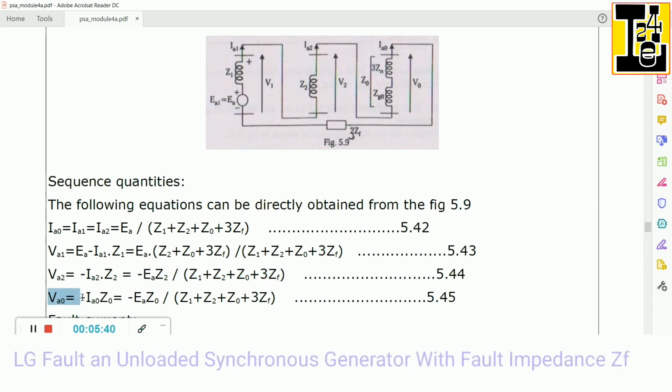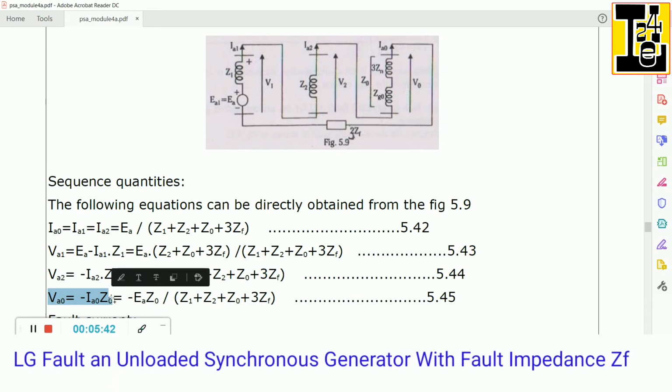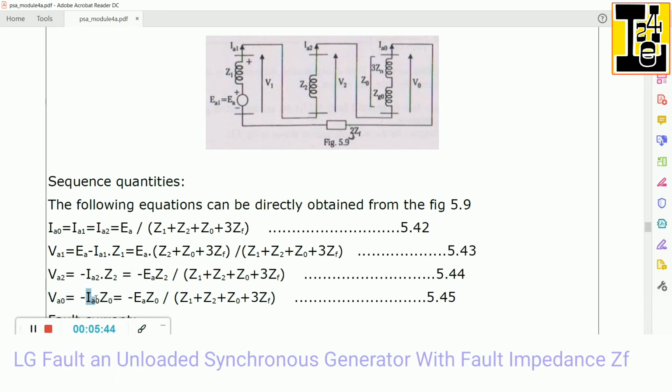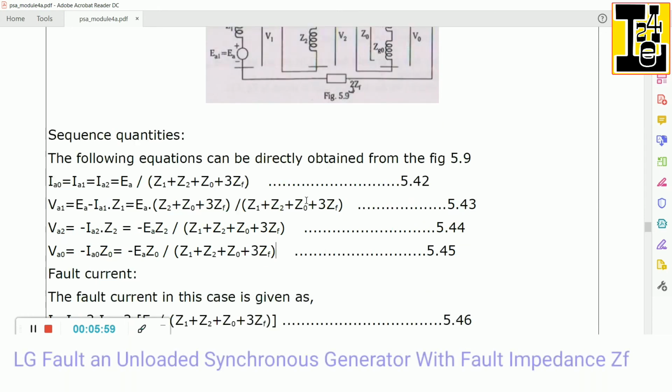VA0 equals minus IA0 Z0 is a system equation. We know that IA0 equals EA divided by Z1 plus Z2 plus Z0 plus 3ZF. Substituting over here, we will get this expression. So all the six sequence quantities are obtained.